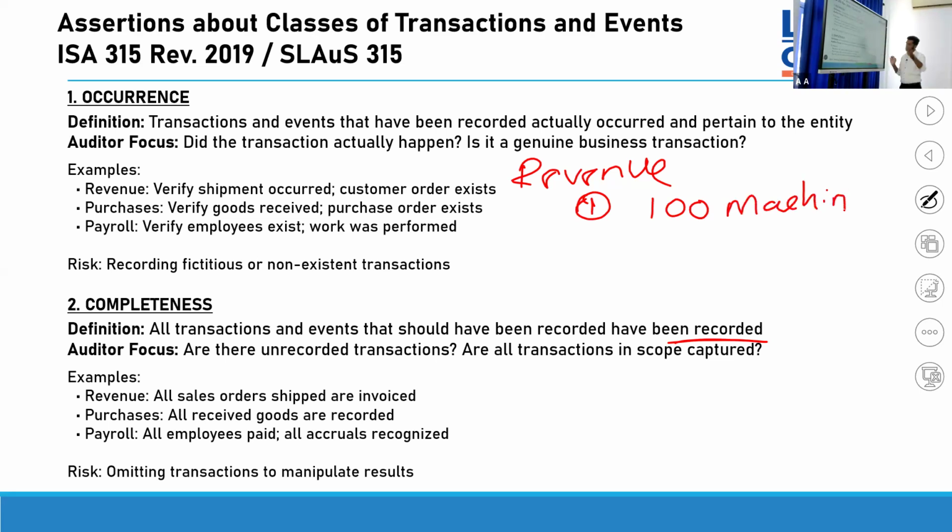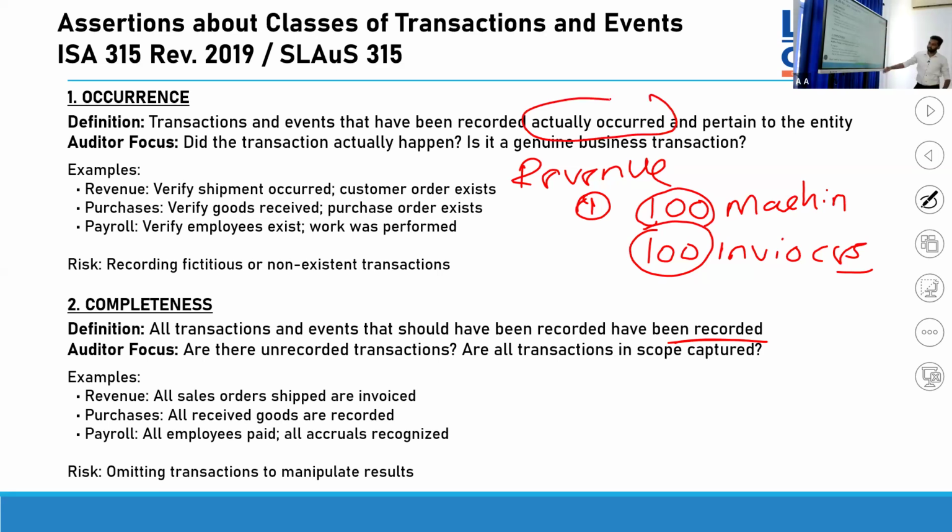Let's say you are a machine manufacturing company. So during the year, you have sold 100 machines, which means you have 100 invoices for those 100 sales. When you are preparing the statement of profit or loss, you must record these 100 invoices which actually occurred during the period.